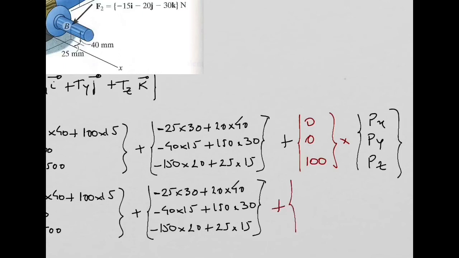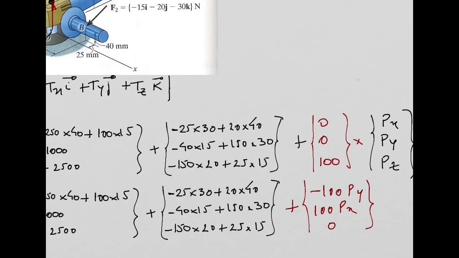In the x direction, we have minus 100 Py. In the y direction, we have 100 Px. I'm doing the cross product, okay? In the z direction, we have 0. All right?